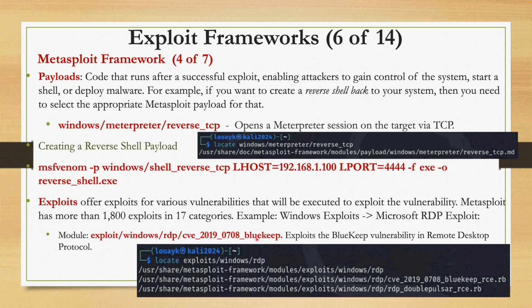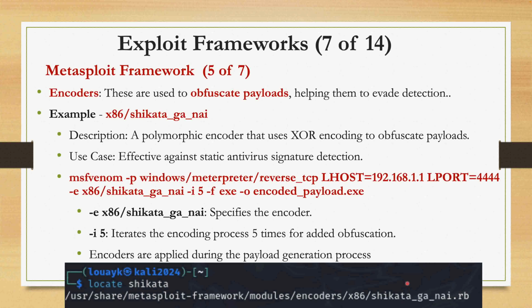So if you decide to find what type of vulnerabilities relate to RDP, simply type RDP with the full directory as you see it over here. Okay, locate exploits, Windows, RDP, and you see a bunch of them that are part of the Metasploit framework database.